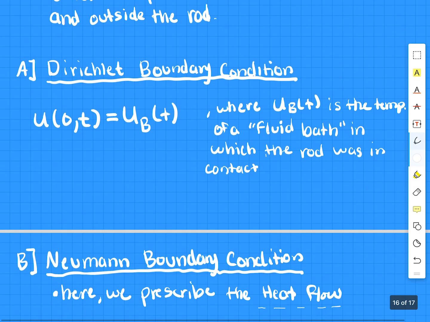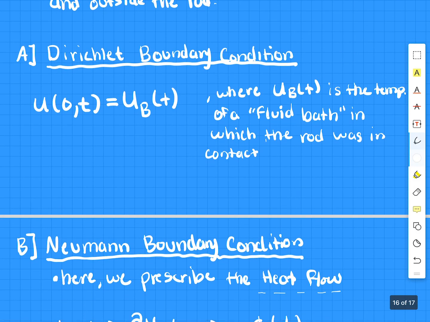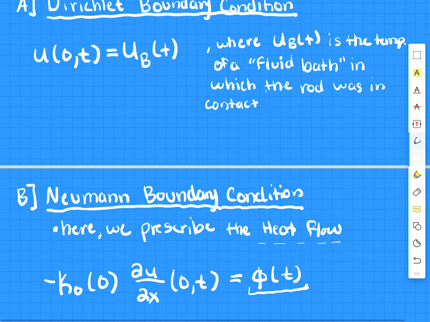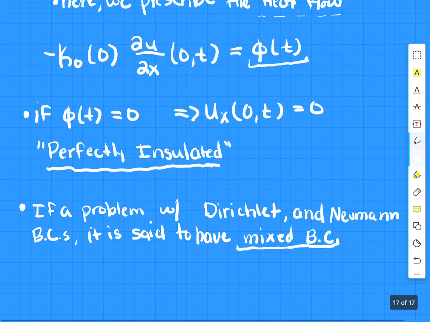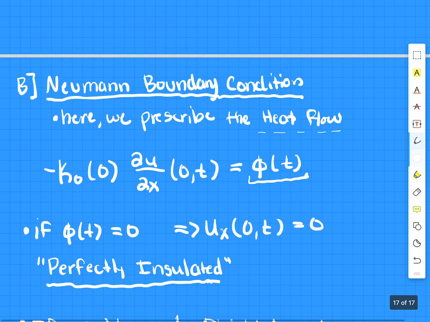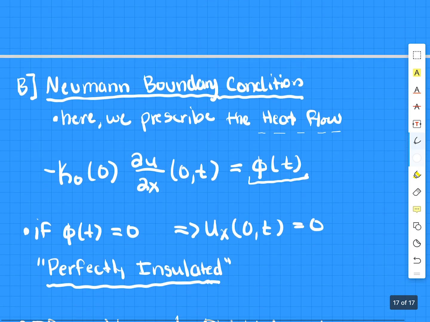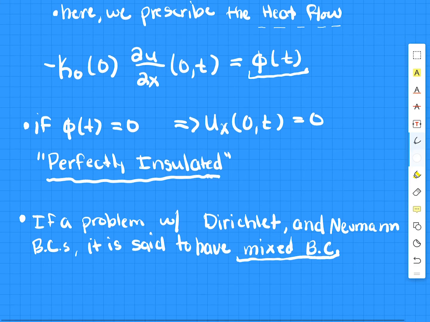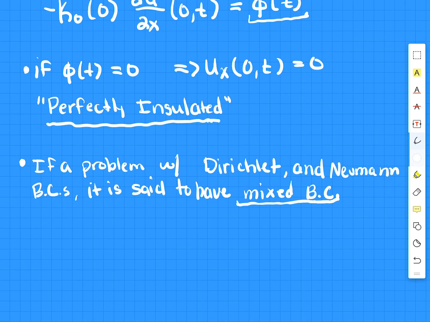So again, if we look back at our Dirichlet, it's essentially saying that the temperature at one side is in contact with some fluid bath, and say one side is also perfectly insulated. So imagine a rod where one end is dipped in some constant temperature water, and another end is insulated with, for example, styrofoam or some kind of insulating material that prevents a lot of that heat flow from transferring to the side.